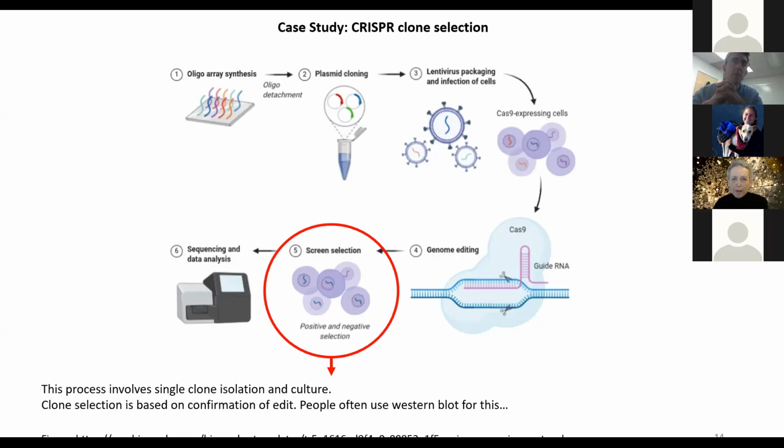we have samples from gene-edited cells. And when people do gene editing, part of that pipeline that's highlighted here is selection of clones. So it's single clone culture and then some sort of assay to determine which cells have been edited. And a Western blot is a popular choice for that.